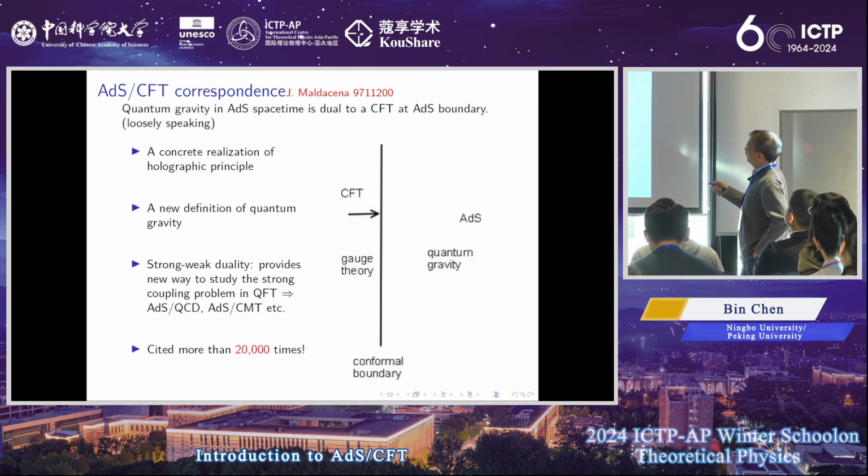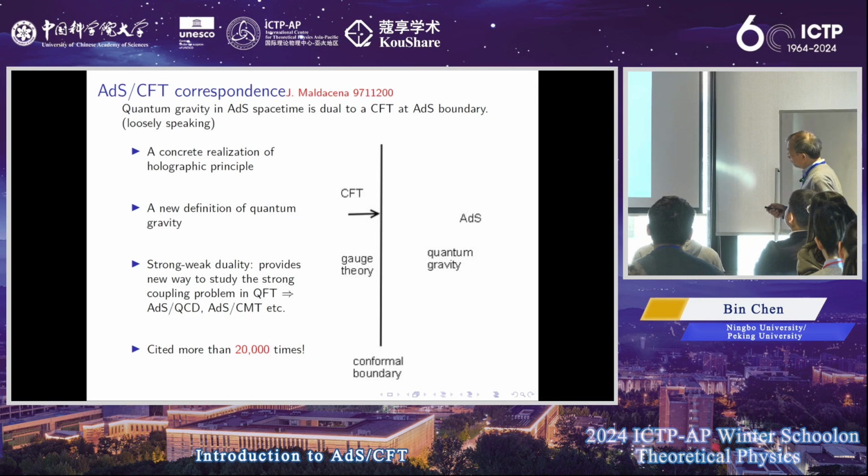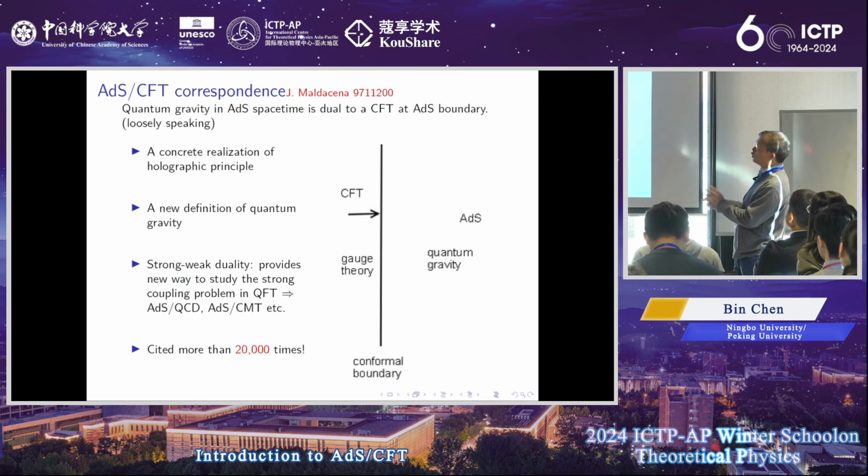The first important implication is that this correspondence gives a new definition of quantum gravity. I will introduce a little bit of quantum gravity very soon. We have some traditional ways to define quantum gravity, but this correspondence tells us we can define quantum gravity by the conformal field theory at the AdS boundary. Another important implication is that this duality is a strong-weak duality.